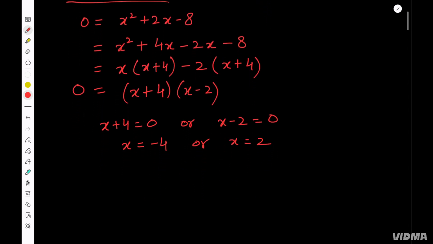It means that our parabola passes through the x-axis at these two points, minus 4 and 2. It would be something like this.